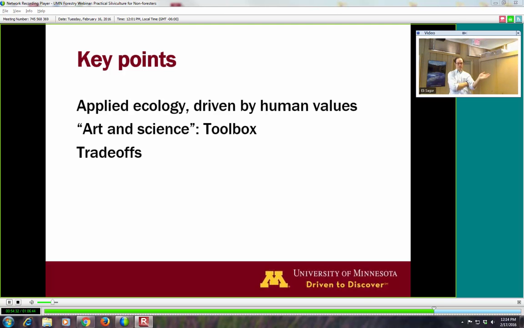What should the future condition be of this particular stand or of all of the forests across our landscape or whatever it may be. Again, I described it as an art and a science, and I told you about some idealized or theoretical versions of a number of silvicultural systems.